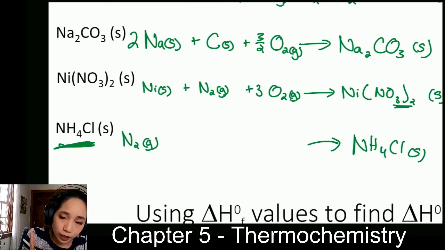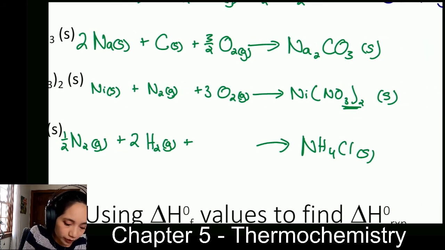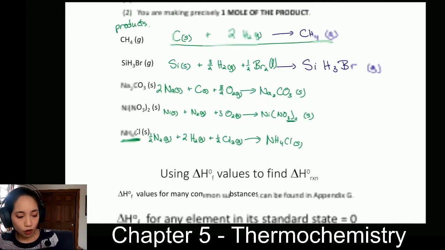That's a gas, but I only want one atom, so I'm going to put a half in front of there. Next, it's hydrogen. H2 gas, that's its standard state. 4 hydrogen atoms, so I'm going to put a 2 coefficient. And lastly, chlorine exists as a diatomic, so it's Cl2 gas, but I only want 1 chlorine atom, so I'm going to put another 1/2 in front of it, so it's all balanced.